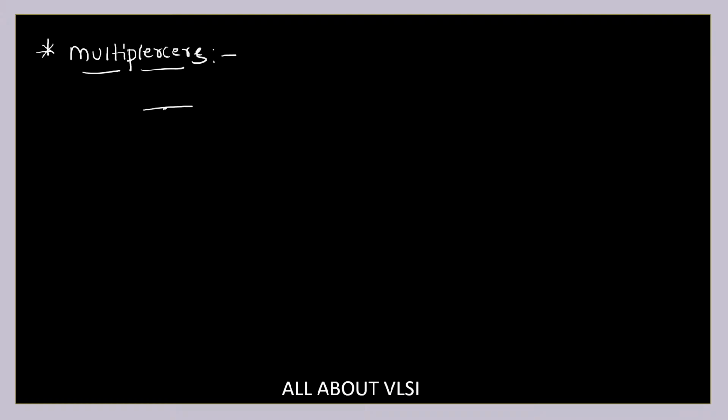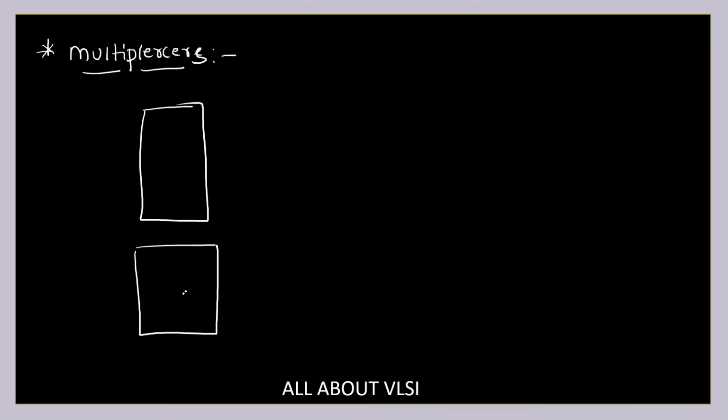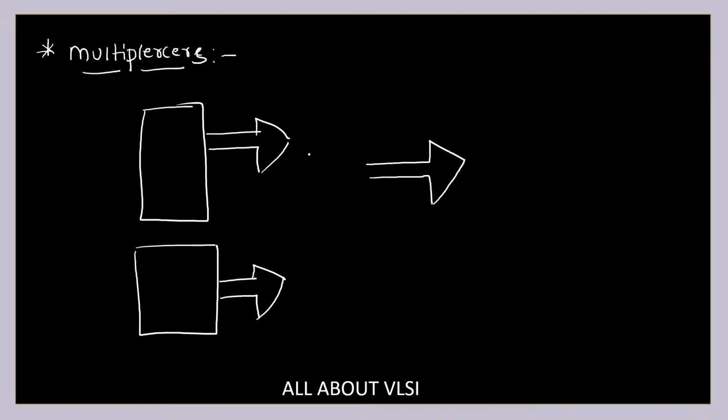Let's say suppose I have multiple devices, like two devices, but there is only a single bus. If I have two devices trying to access a single bus, then I can think of using a multiplexer over here.